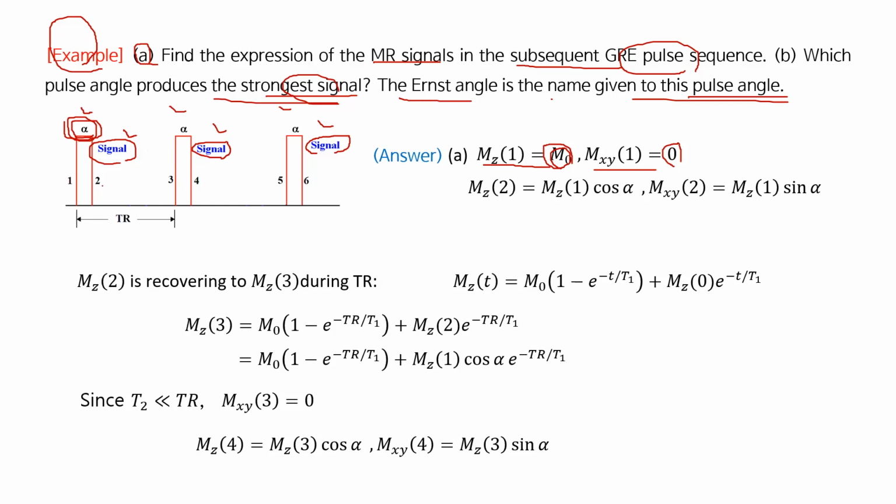At this point, point 2, we use the pulse of angle alpha, so longitudinal magnetization will become M0 cosine alpha, right?